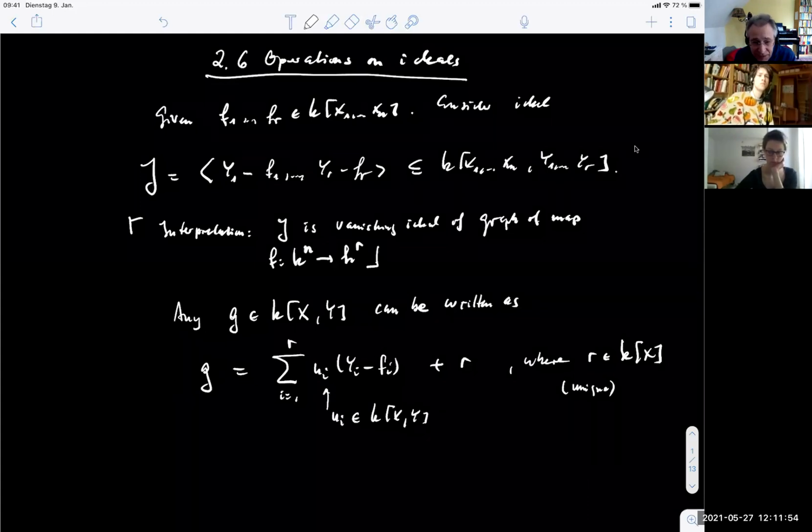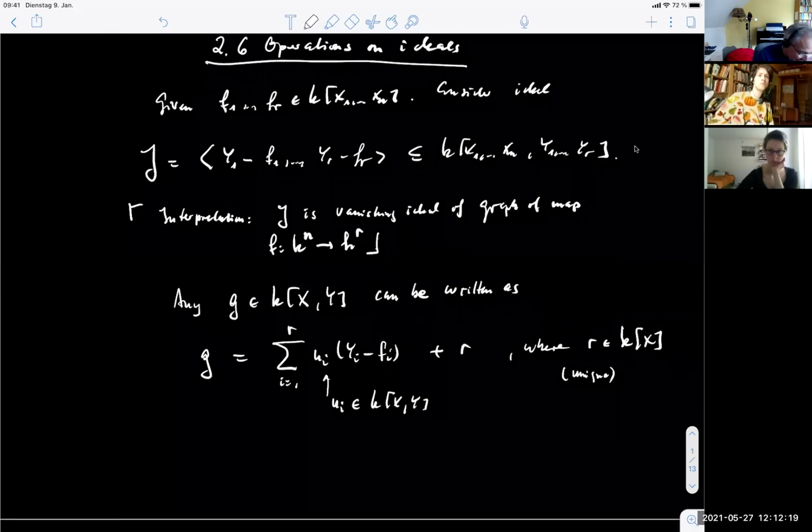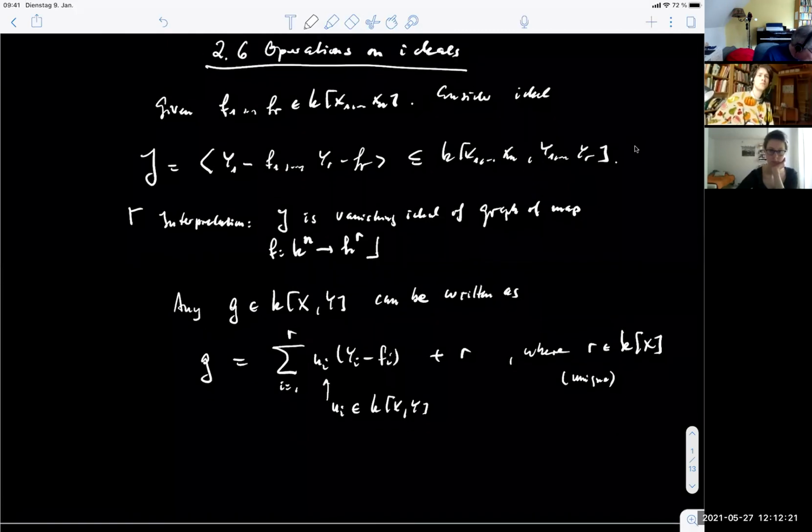If you see this and you don't know Gröbner basis, you would say, okay, I take g, I try to make a division by y1 minus f1. But then it's maybe not completely clear what to do. You should view it as a univariate polynomial, and then you can succeed. But now we have this Gröbner basis theory, and as Lev said, it's completely correct. We can apply this theory, and then it becomes very clear.